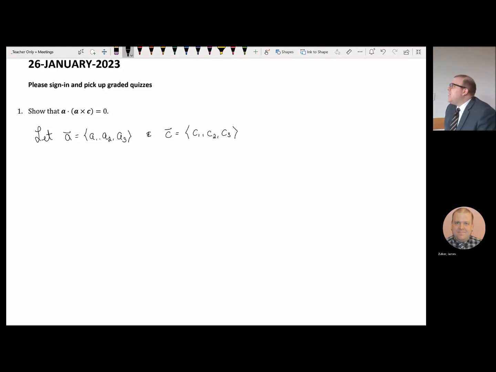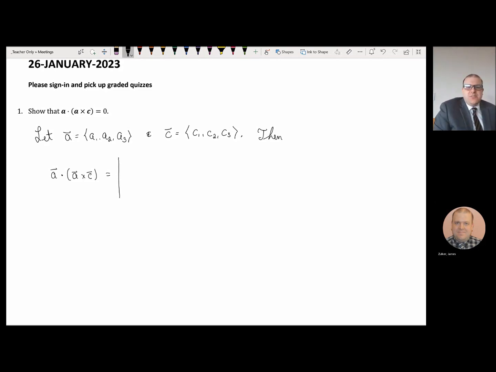A is just A1, A2, A3, right? C is C1, C2, C3. So then A dotted with A cross C. You could first find A cross C and then do the dot product, or again, we set up a 3x3 matrix and find its determinant.